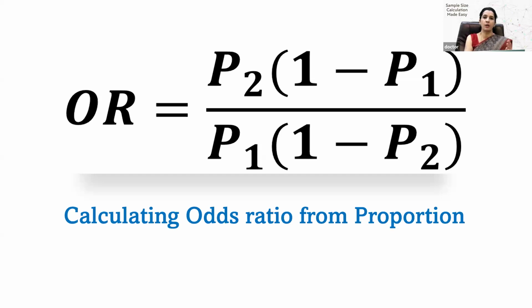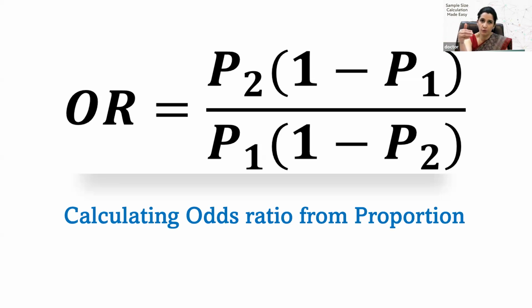Now, many times, if you have one odds ratio and one proportion, then you can calculate the second proportion using this formula. Again, this is only for academic purposes, just for knowledge we are showing this. In any software, you don't need to convert the P2 using this formula. But many times you get these questions in a PG exam, assessment exam.